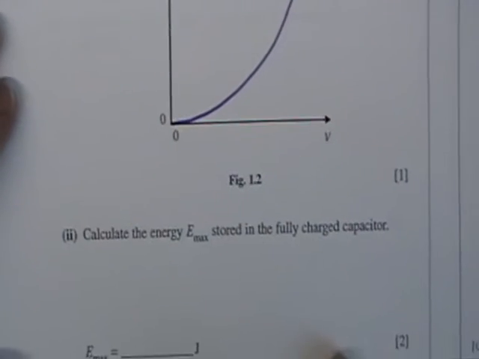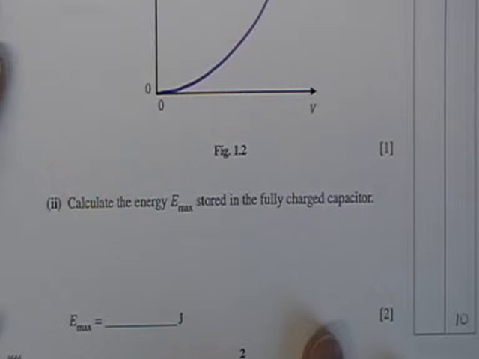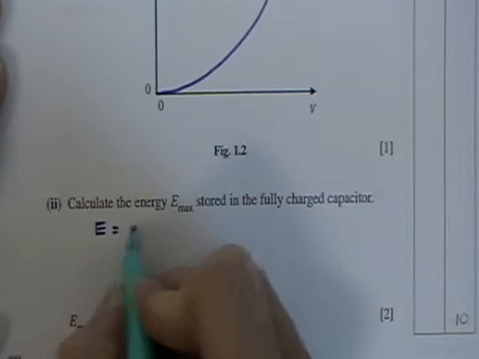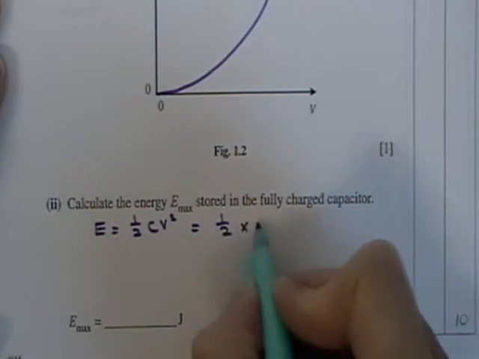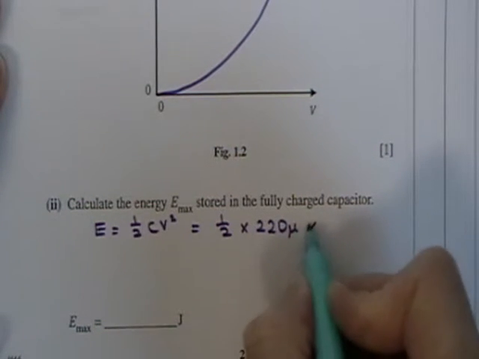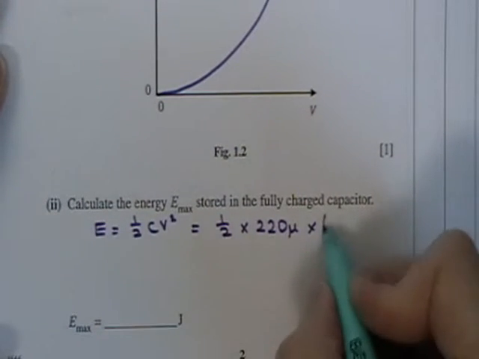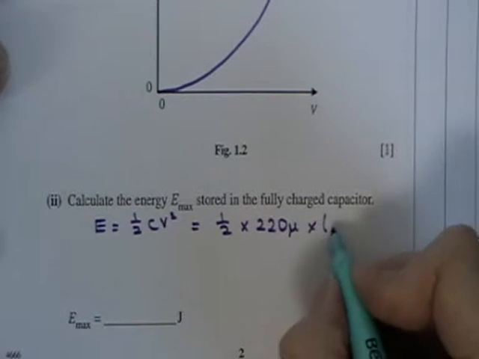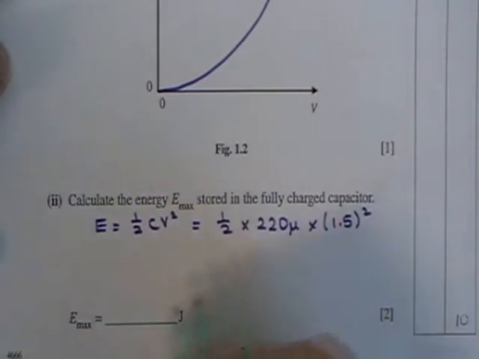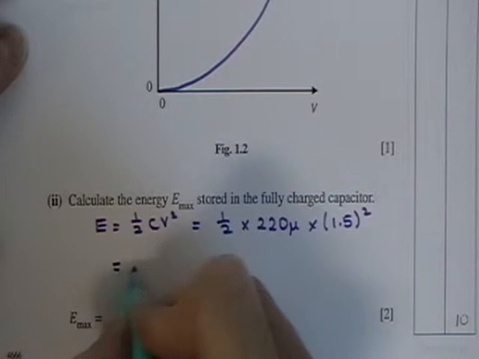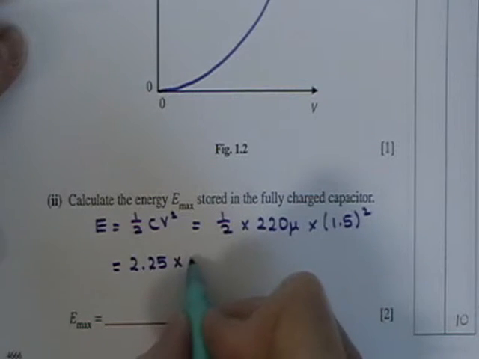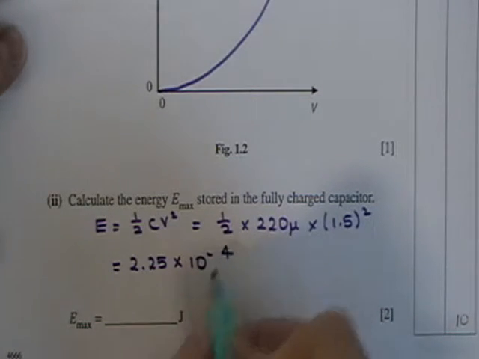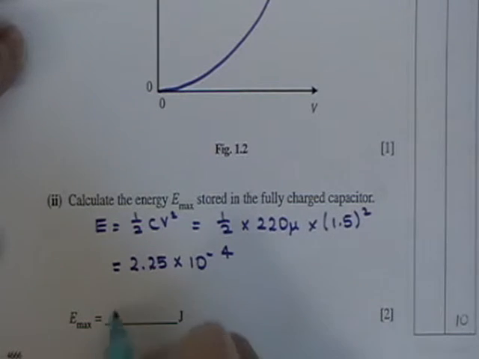Next part of the question, part 2, calculate the maximum energy stored in the fully charged capacitor. So we're going to use E is equal to a half CV squared, and that's a half times C is 200 microfarads, and V is 1.5, and that's obviously squared, and that gives you 2.25 by 10 to the minus 4 joules.